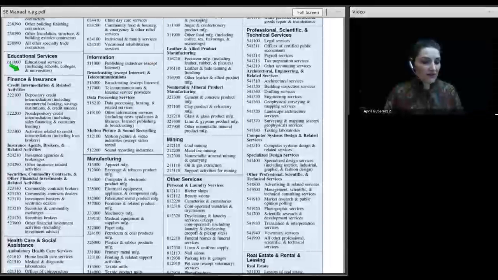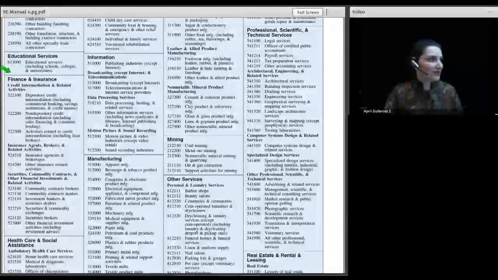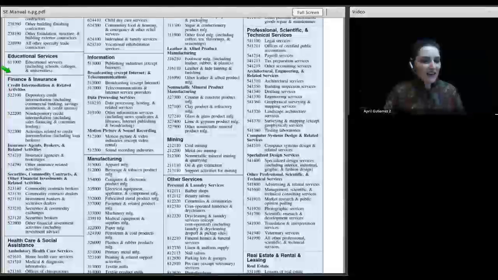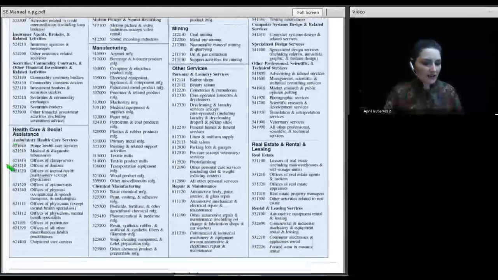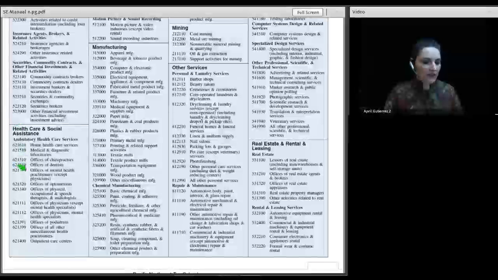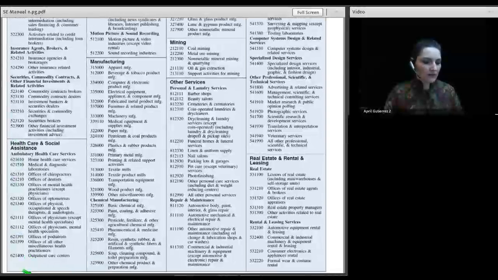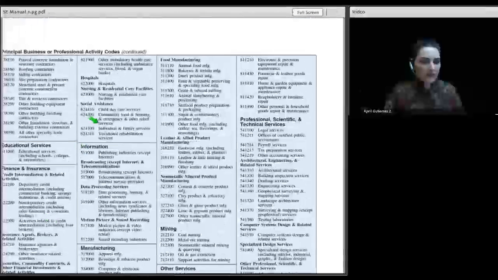And there's only one choice. It doesn't seem to matter whether you're a huge university or a small Pacific Northwest tax school. Either way, it's the same code. And then finance and insurance, healthcare and social assistance. So we can see all of the different types of medical practitioners out there, each of them having their own type of code. Then we move up to hospitals.